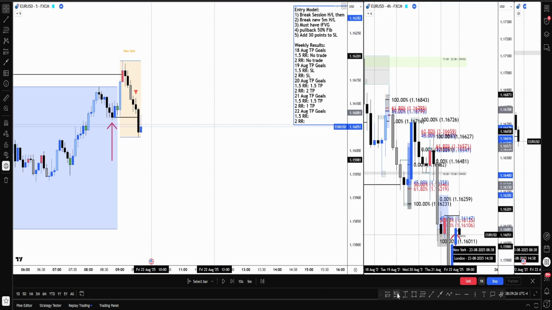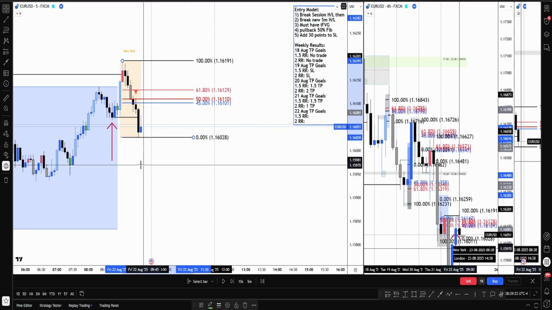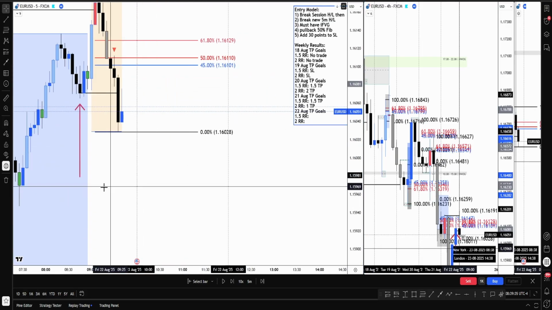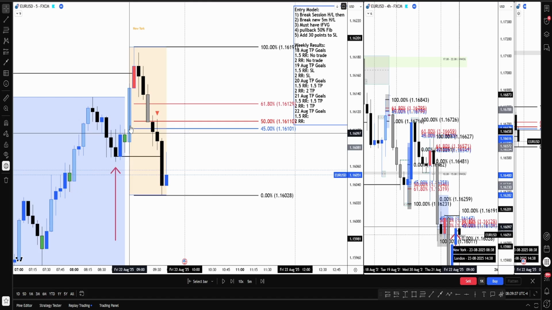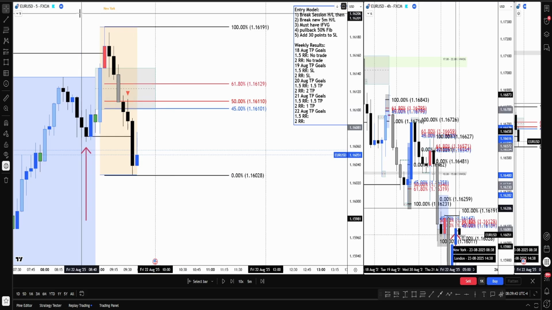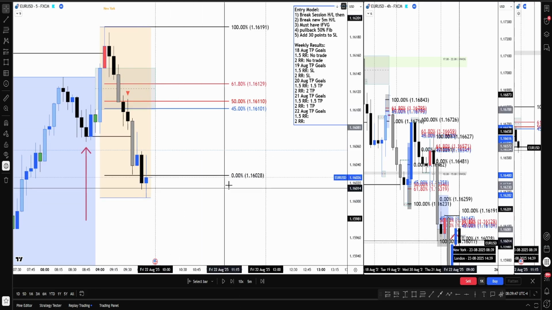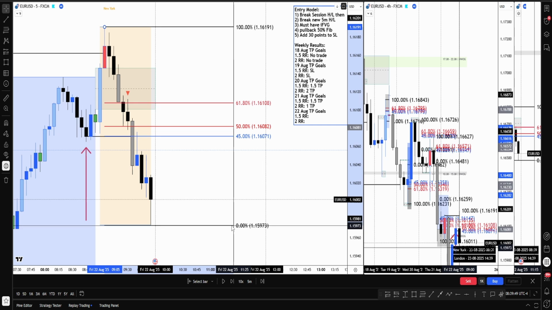This may look pretty. You can actually do this. Right? We have everything in this entry model. There's the low. There's your fair value gap. Now we're waiting for our reversal. Alright. We move, we move, we move.